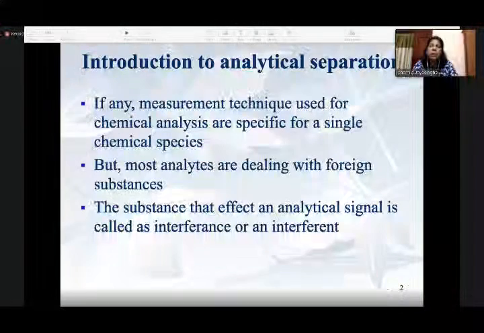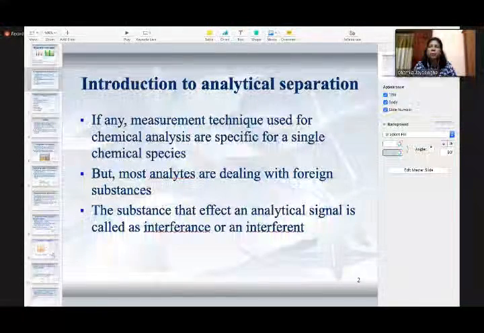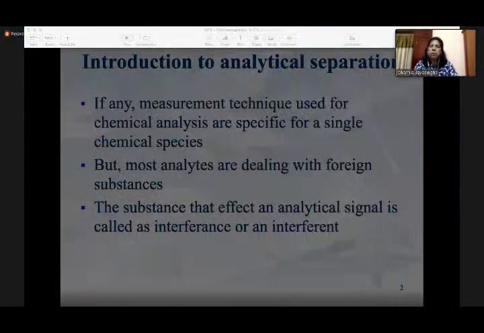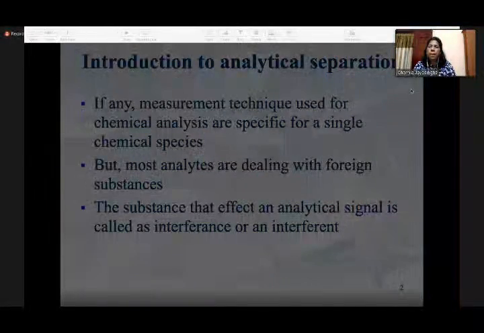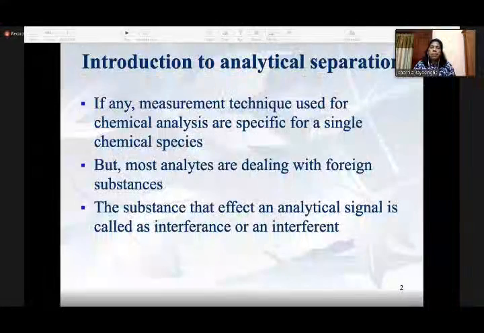Especially, we call this the analytical separation. So we have to think about the analytical separation.